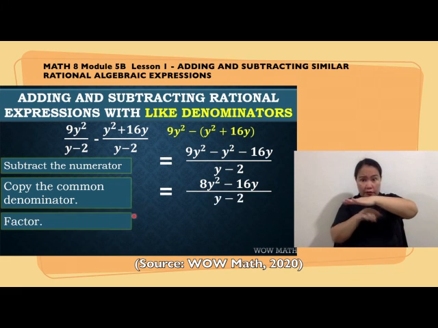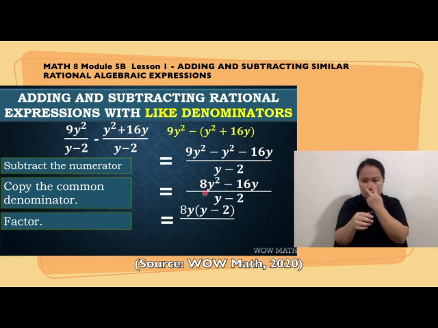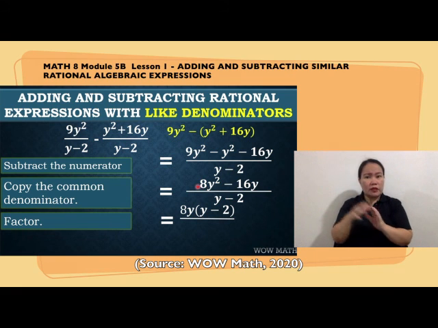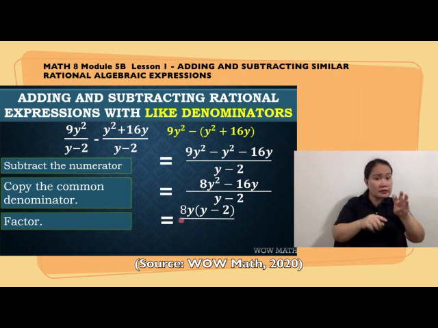Now, factor. So, saan natin pwedeng i-factor ito? By 8. Okay? By 8y. So, paano ba kinukuha yung kung saan natin i-factor? Okay? Hanapin mo yung pwedeng i-divide sa kanilang dalawa. So, since 8, ayan, yun ang pwede mong gamitin. And then, kukunin mo yung pinakamababa ang exponent.